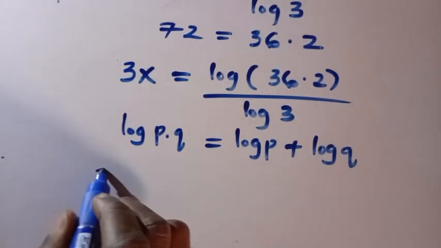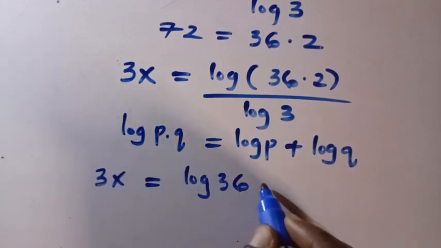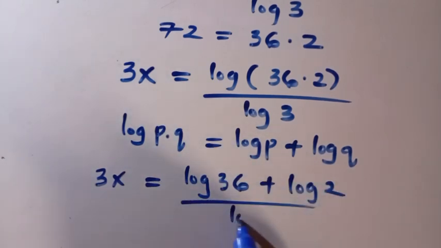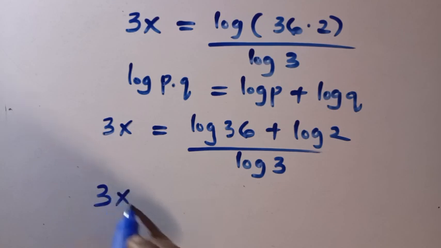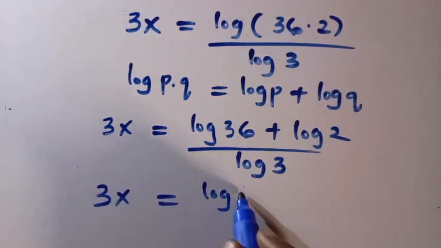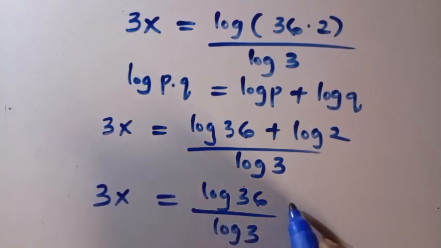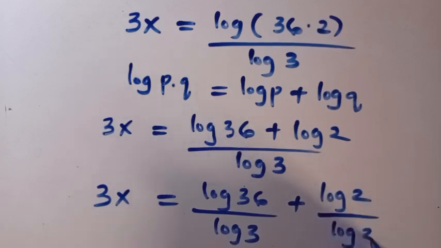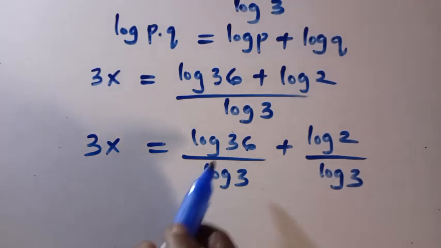We have 3x equals (log 36 plus log 2) divided by log 3. And then let's divide it. We have 3x equals, by separation, log 36 divided by log 3 plus log 2 divided by log 3.